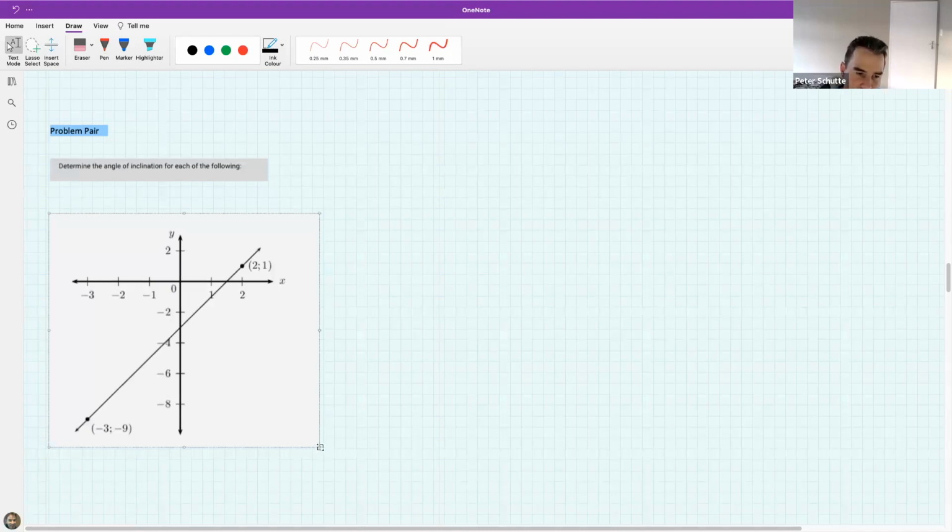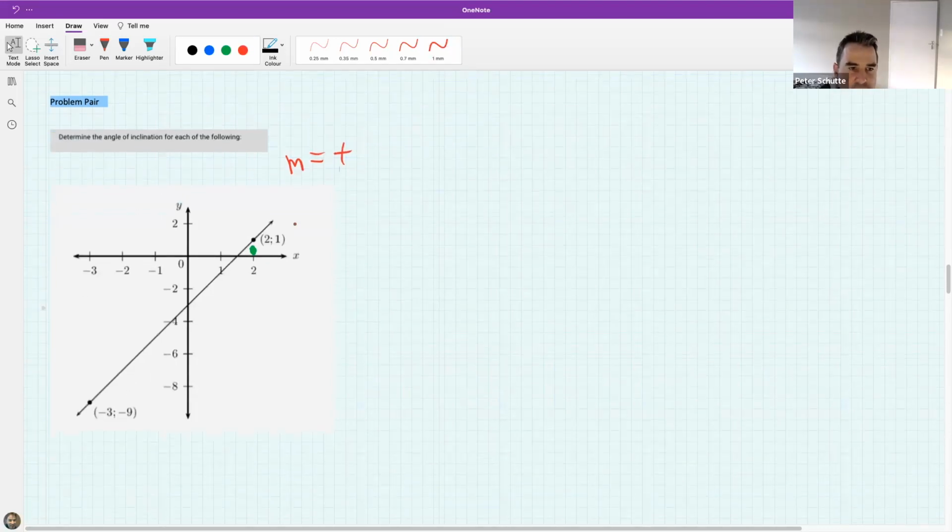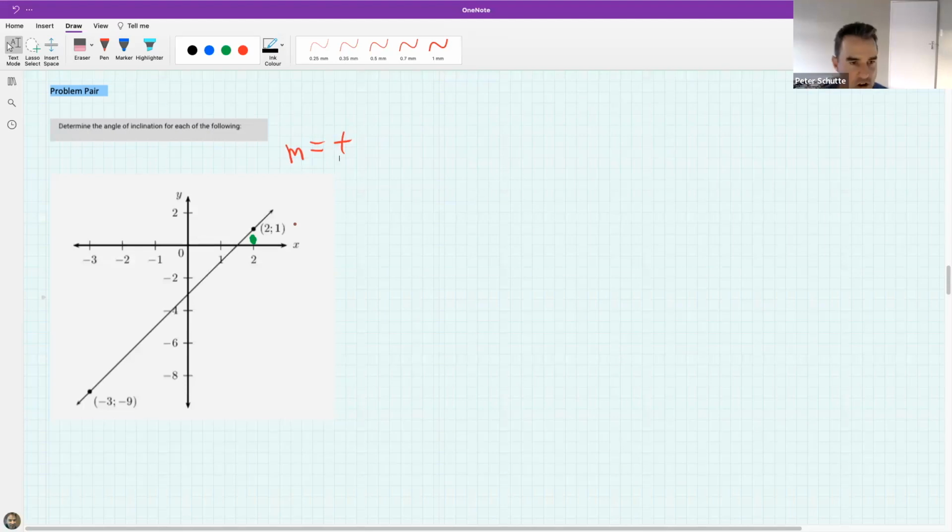There actually are 2 methods for doing this, but in this case it's not going to make a difference. So find the angle of inclination here. It looks to me like the gradient is positive here, so let's just check that we know how to find the angle of inclination of this straight line.